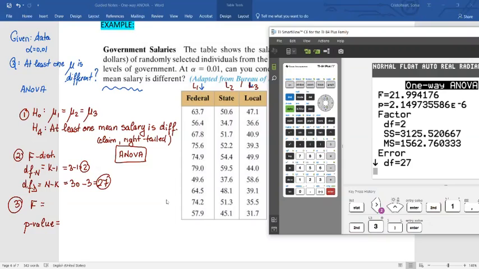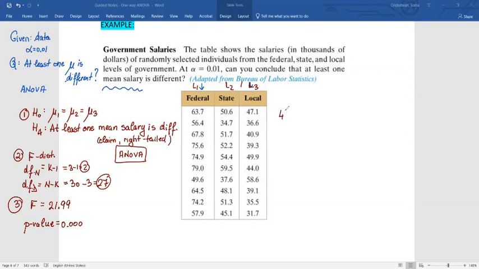So F is 21.99, and the p-value is a very small p-value. So I'll just round it to 0. And now we're ready to conclude the test. So I'll just say right here, p-value of 0 is less than or equal to 0.01, which means I will reject the null hypothesis.